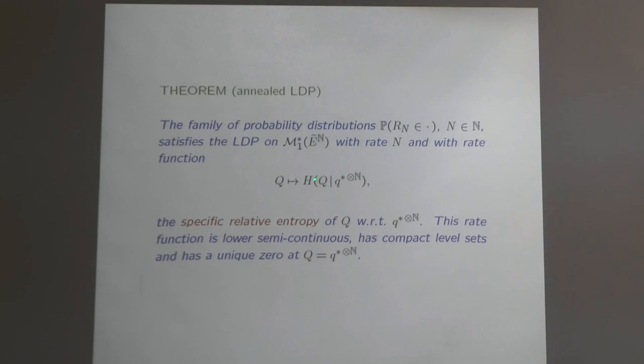And so if you say, what is the probability that I'm doing something close to this easy limiting law, then that would be tending to 1, because then the relative entropy is 0. But if you want your empirical process to look very different from this ID sequence, then you have to pay, and what you have to pay is the specific relative entropy of Q with respect to this easy reference measure. And this is true for any Q that you choose on your infinite sentence space.